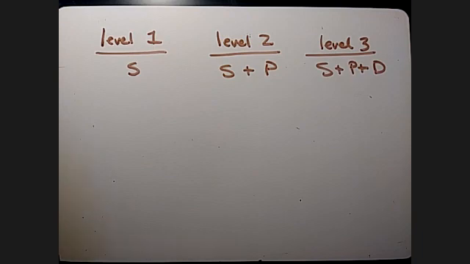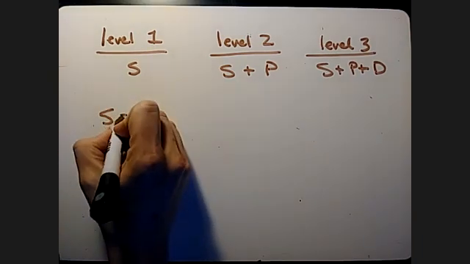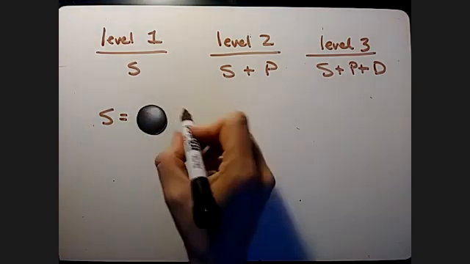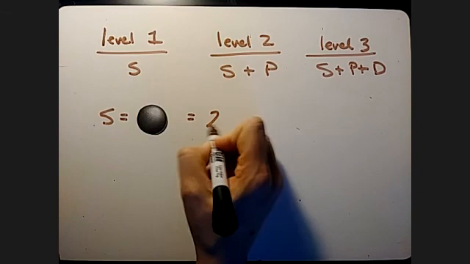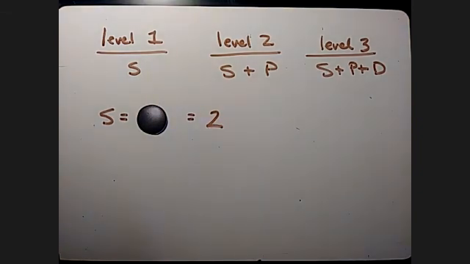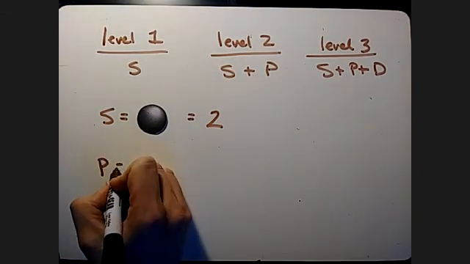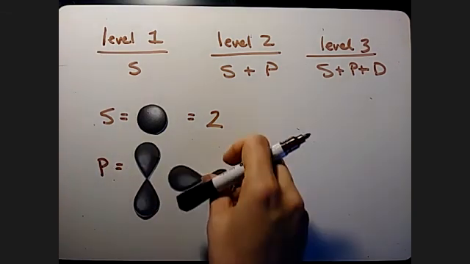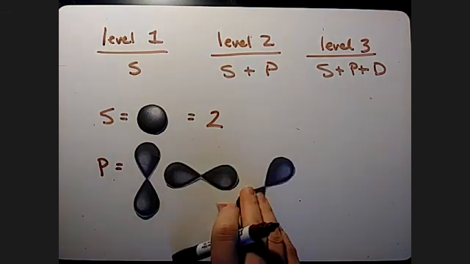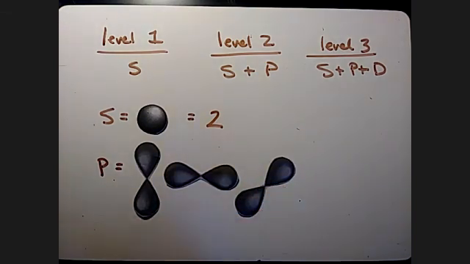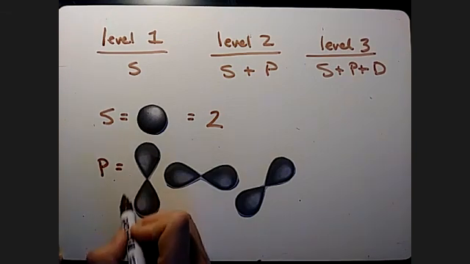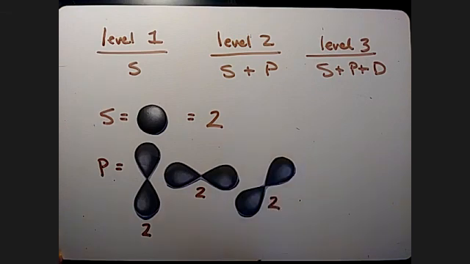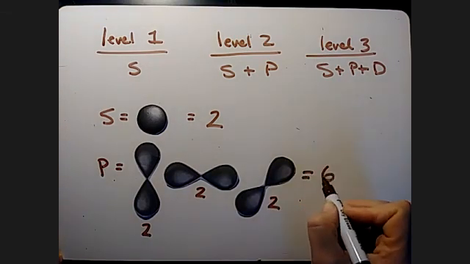To be clear, in the S-cloud system, there's only one shape, and S can only hold 2 electrons. In the P-cloud shape, there are 1, 2, 3 different shapes. Again, use your imagination on this one. This one holds 2, this one holds 2, and this one holds 2, for a total of 6.